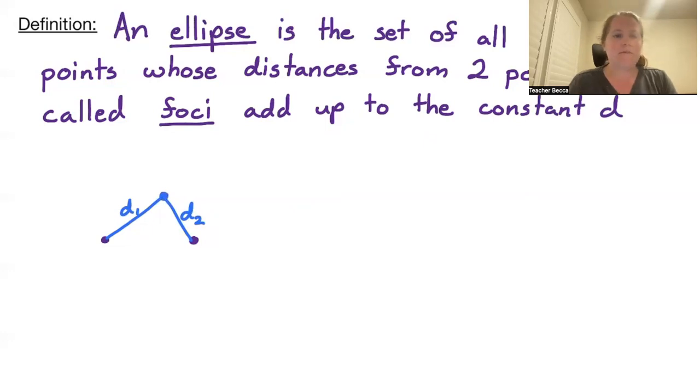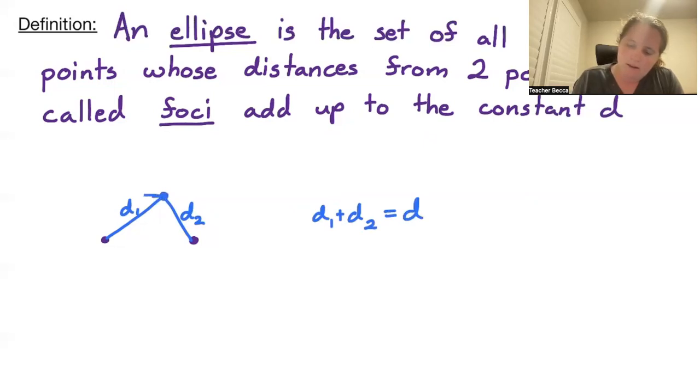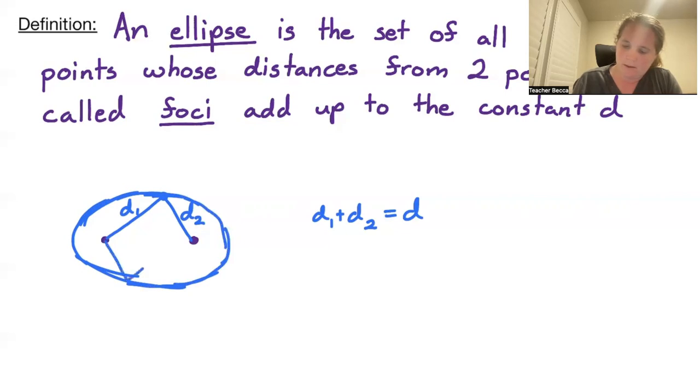The distance from the point to the 2 foci, if we call those distances d1 and d2, d1 plus d2 adds up to our constant d. Right? So if we find all of these points that have this total distance equal to d, we wind up getting essentially an oval. And so we could see another point that has that same total distance.